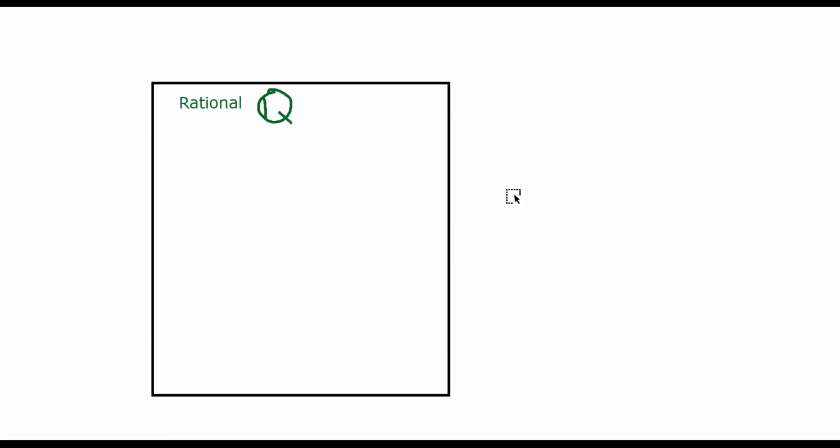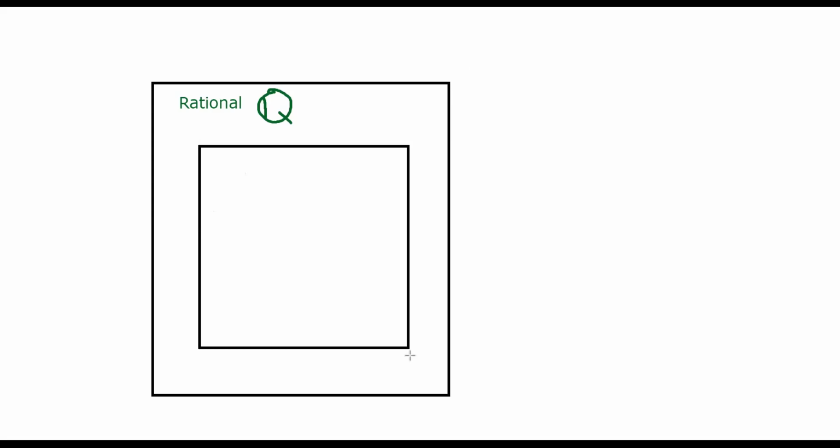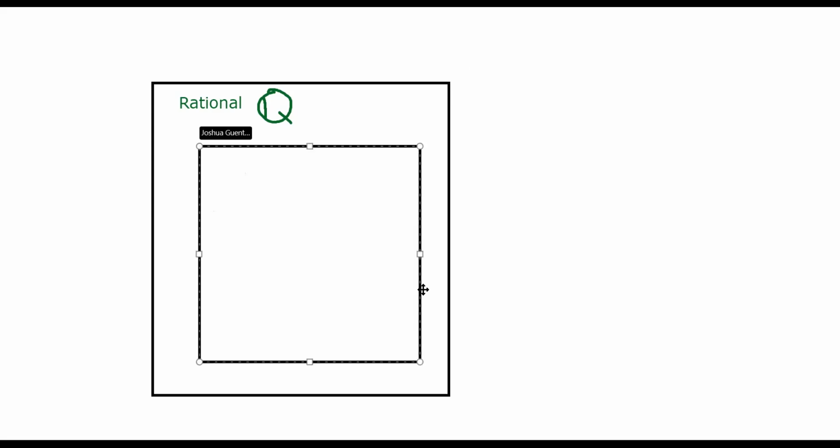So you have your rational numbers wrapped inside that. We talked about this last time, but we're expanding it. Inside your rational numbers, you have the box of integers. And you might recall we used this symbol for it.